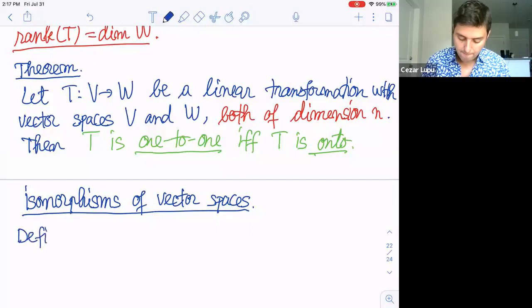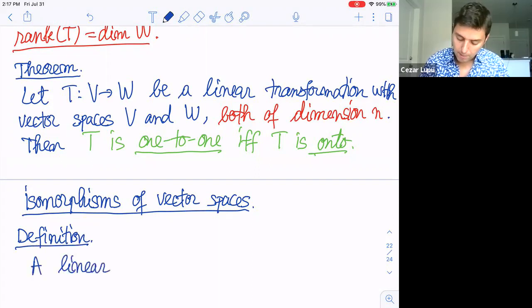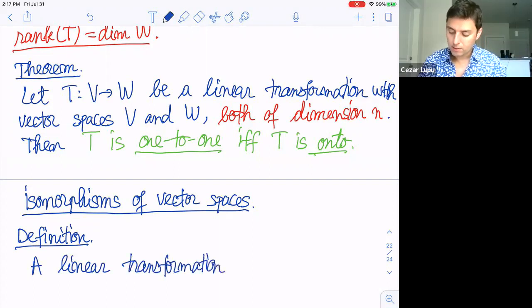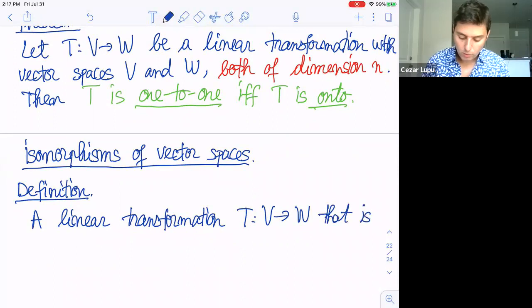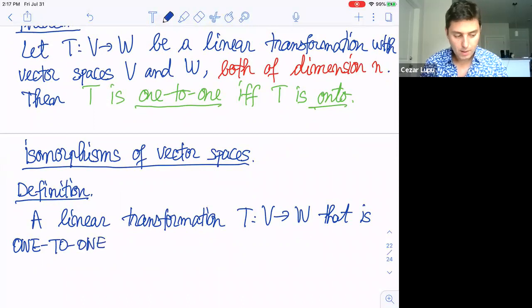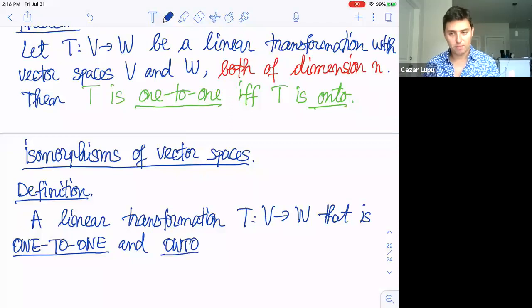So definition: a linear transformation T from V to W that is 1-to-1 and onto, as I told you, I want to put all of these two notions together.